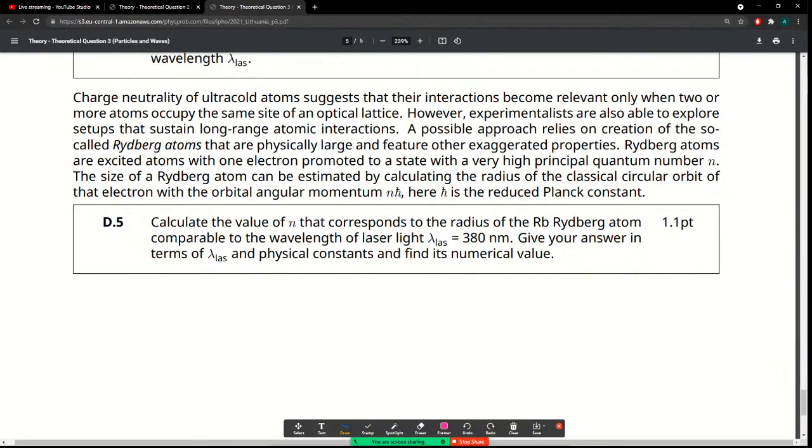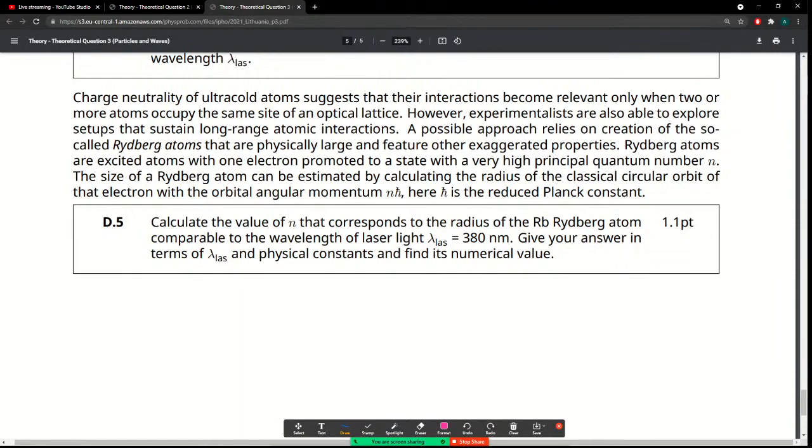A possible approach relies on the creation of so-called Rydberg atoms that are physically large and feature other exaggerated properties. Rydberg atoms are excited atoms with one electron promoted to a state with a very high principal quantum number n.